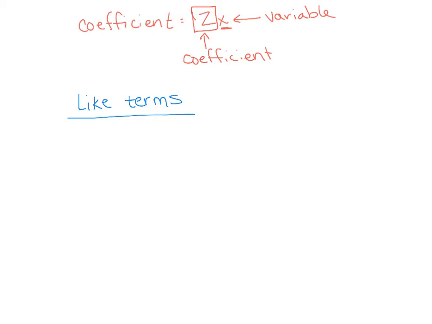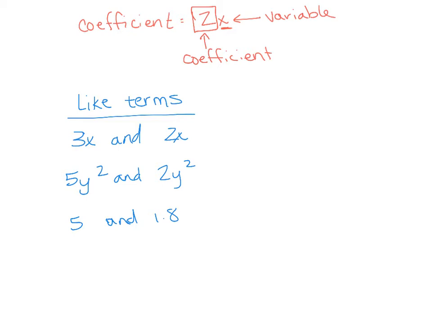Okay, here are some examples of like terms. 3x and 2x, 5y squared and 2y squared, 5 and, can't write, 1.8. Okay, like terms.